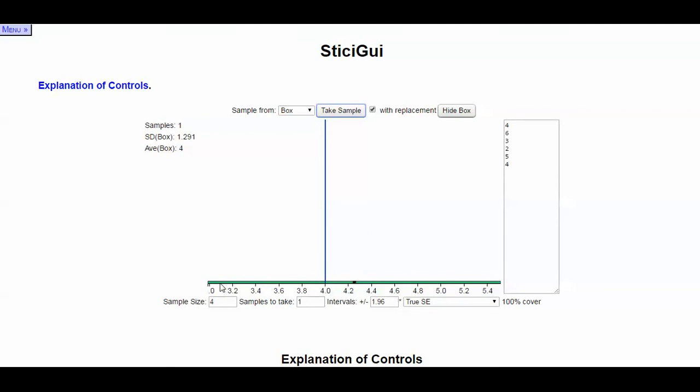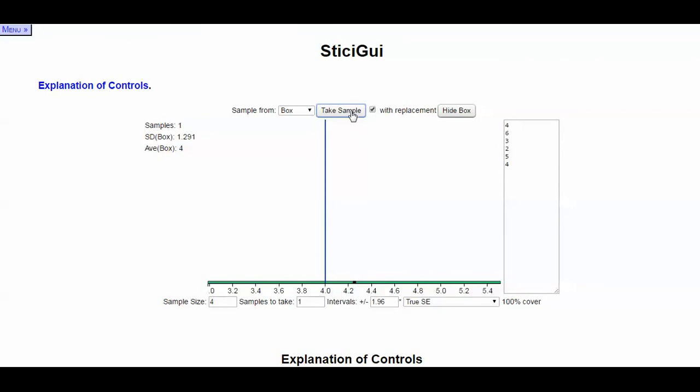And this whole green line is the 95% confidence interval with the sample mean at the center. And then this blue line is the actual population mean. It's the mean of your entire population. If you added all 6 of these numbers and divided by 6, you would get this population mean of 4. This black box is the mean of the 4 selected people from the box.